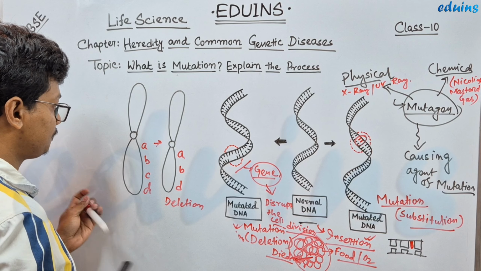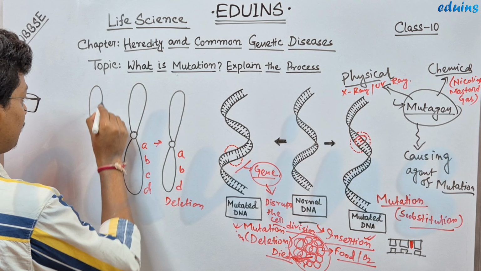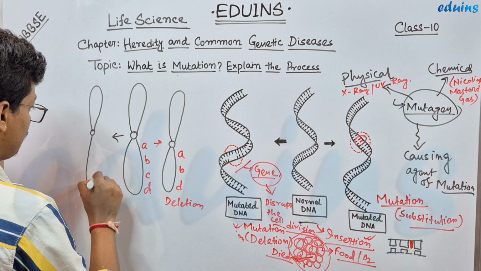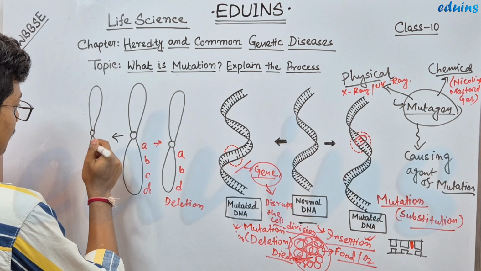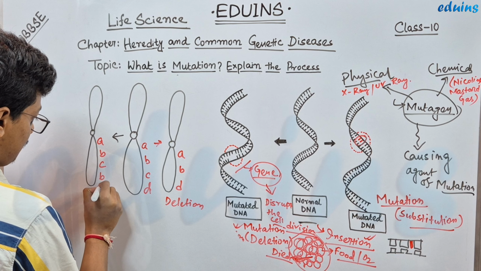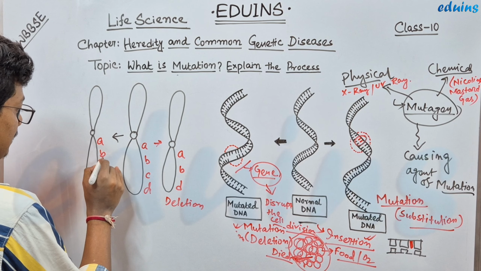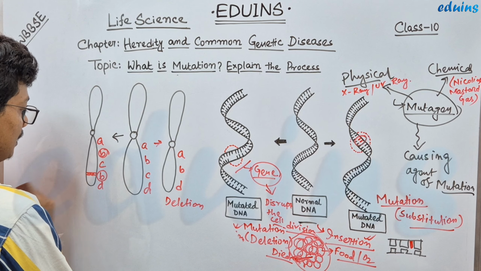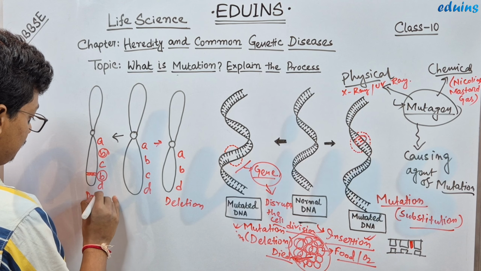Or sometimes a part gets repeated, that is this B gets repeated, and this is called duplication.